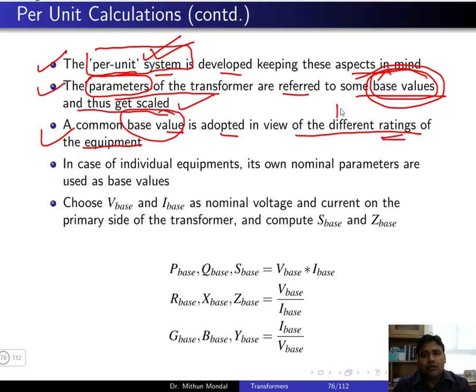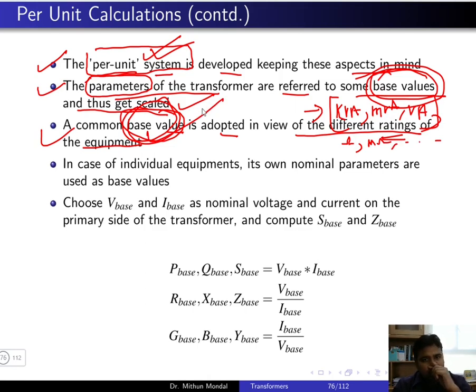So rating of the equipment can be in kVA, rating can be in MVA, or it can be volt ampere, anything. So whether it is in different rating of the machine, the base value will remain the same. Also, if you take the rating in ohms, mega ohms, etc., then also the base value will remain the same, and then we can free the parameters from their unit.